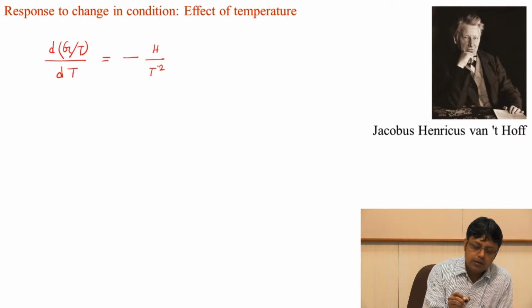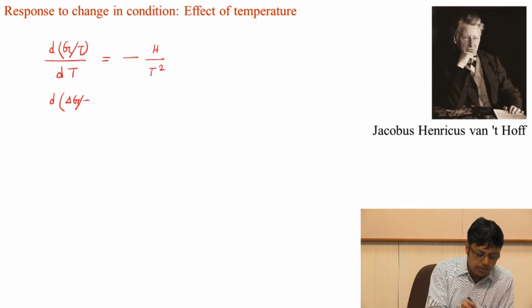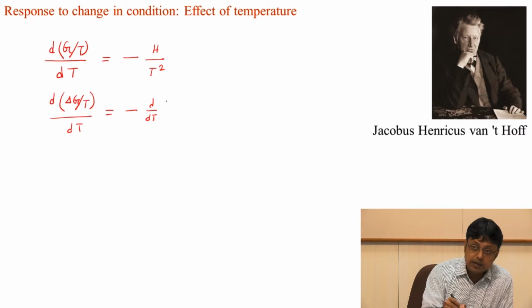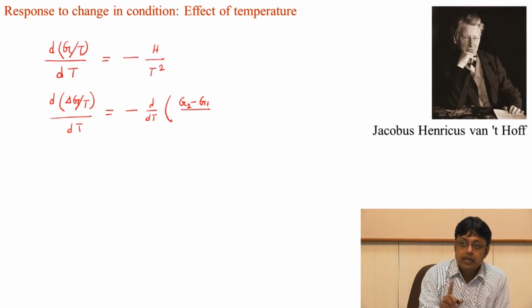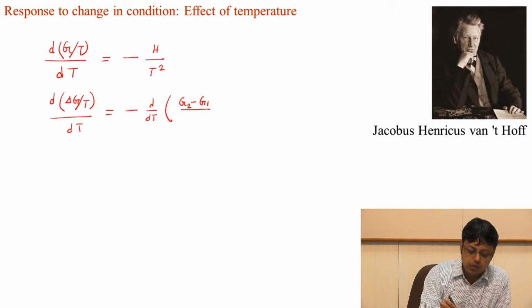Similarly, we also wrote it in the differential form. If this is correct, then we can write it term by term: d/dT of delta G over T is nothing but G2 minus G1 over T, where the system is undergoing a finite change from state 1 to state 2.